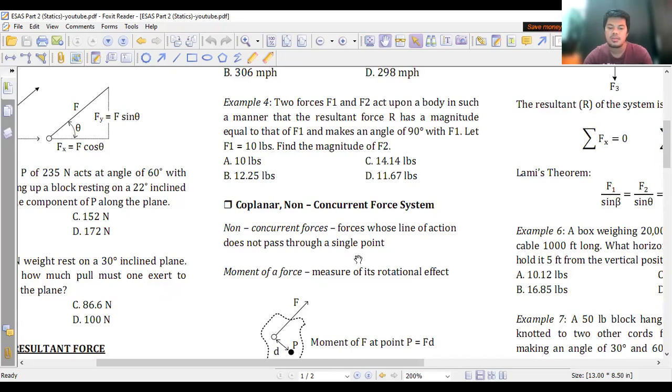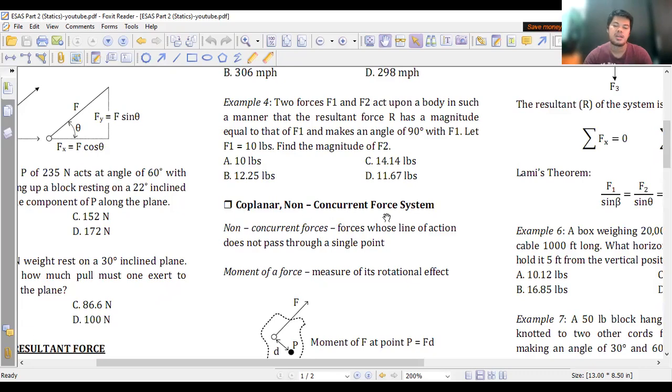Examples of these are couple forces. Basically, a couple is two parallel forces. From our geometry, we define parallel lines as two lines that will never intersect.